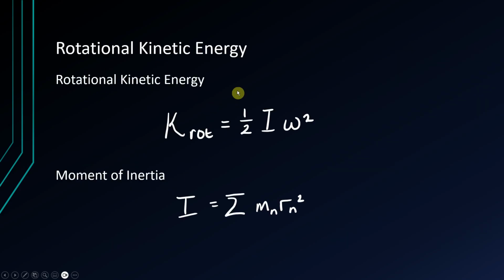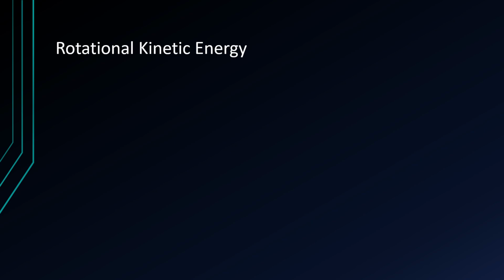This means that we also have definitions for rotational kinetic energy, right? Just like we had translational kinetic energy, now we have rotational kinetic energy. Rotational kinetic energy is 1/2 I omega squared, where omega is your angular velocity and I is your moment of inertia. We can derive that from the standard representation of kinetic energy, 1/2 mv squared.